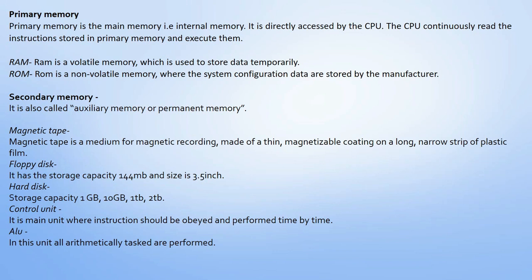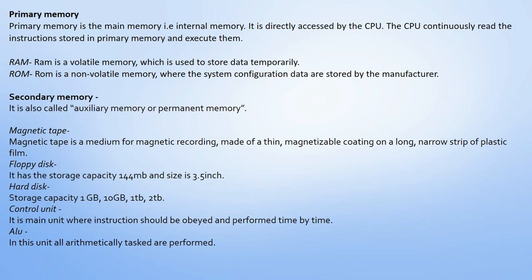Now what are the options inside permanent memory where data is stored permanently? Previously we could store data on magnetic tape. Magnetic tape is a medium for magnetic recording made of a thin magnetizable coating on a long narrow strip of plastic film. Nowadays magnetic tape is not used, but previously it was very popular for storing data in secondary memory.